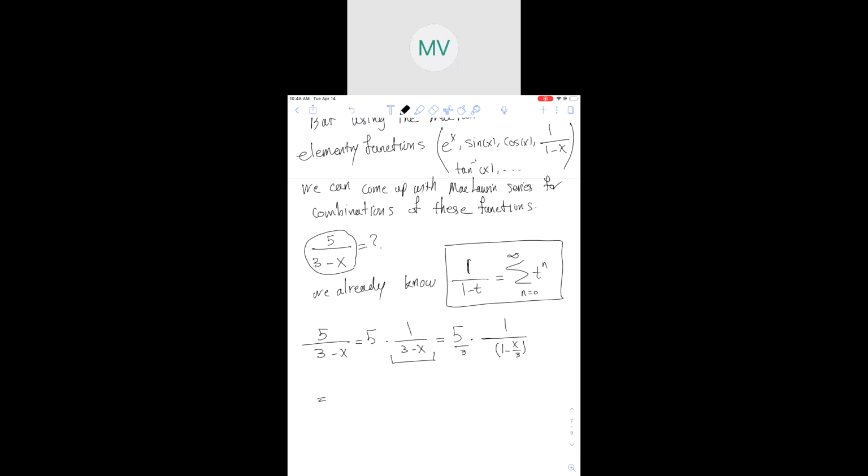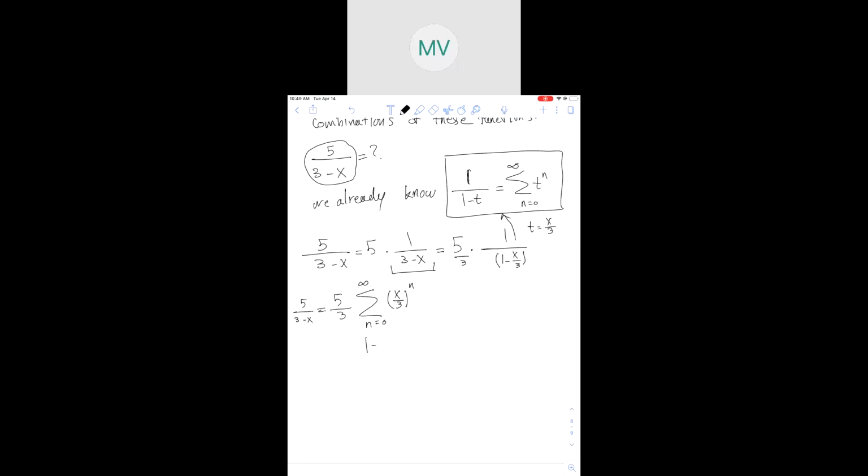Okay, so this is 5/3. Now according to this, it's like you're letting t be x over 3. So here we have 5 over 3 minus x. It's 5/3 summation of t to the n, but t is x over 3, to the n, from 0 to infinity.